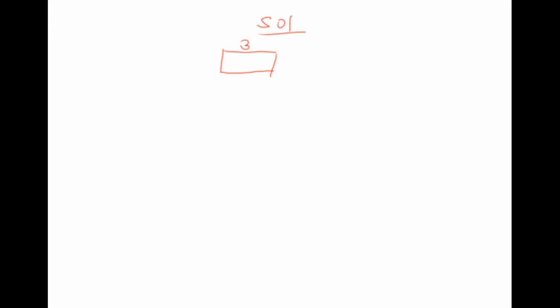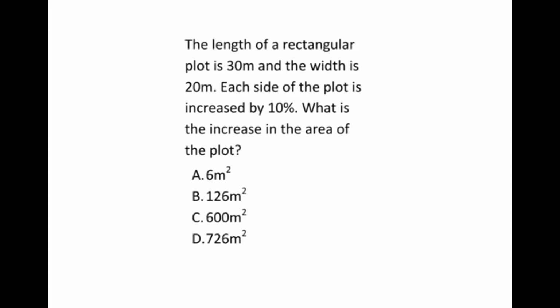30 meters, 20 meters. Therefore we have the sketch there of this rectangular plot. We have put the measurements 30 meters and 20 meters. Then we are told that each side of the plot is increased by 10%.